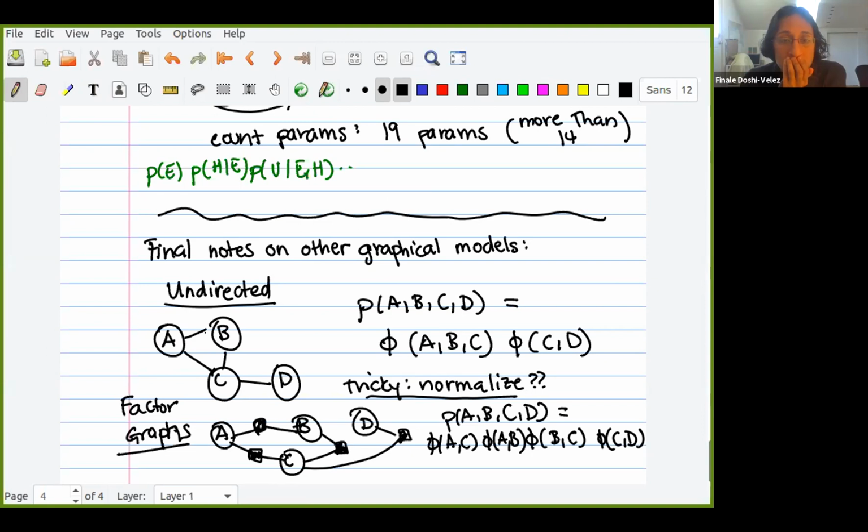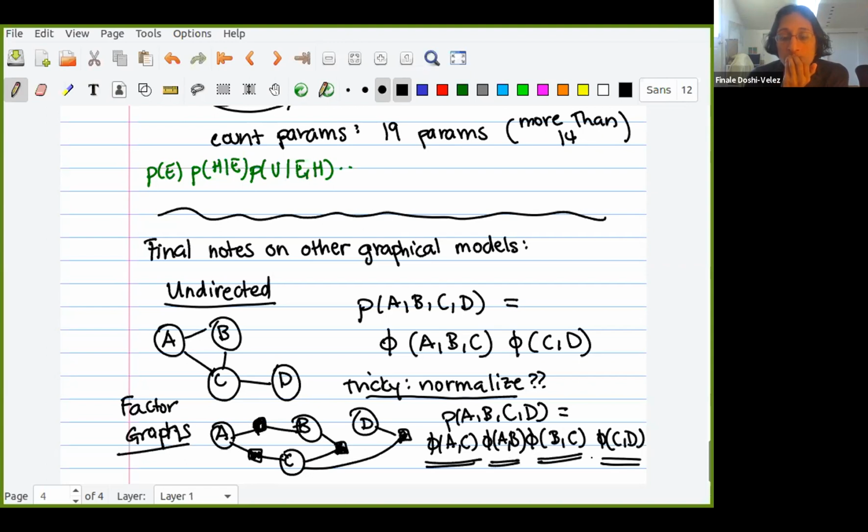Right, for undirected graphical models, the clique describes what the potential is. Yeah, that's the convention. The black boxes describe, basically, each black box corresponds to one of these factors over here.